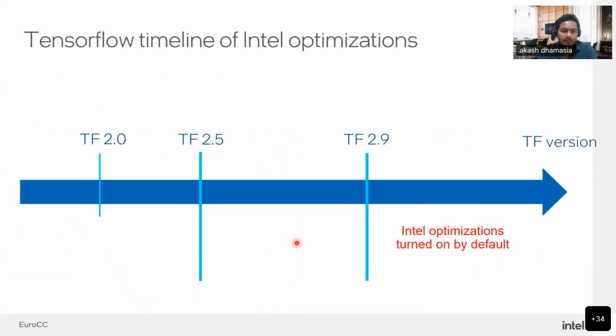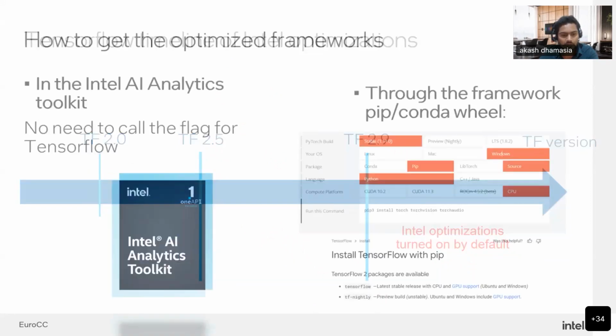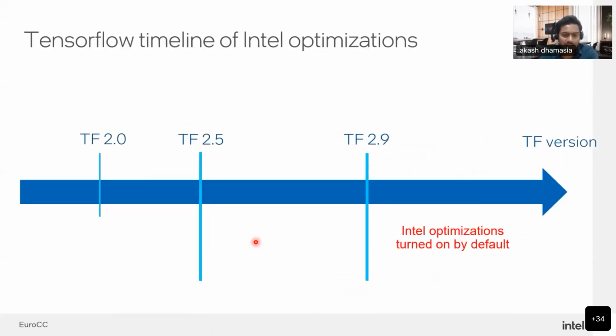If you're using TensorFlow, you need to consider the version. If you are using TensorFlow between 2.5 and 2.9, you have to use an external flag, which I'm going to talk about. You have to set Intel optimizations manually.